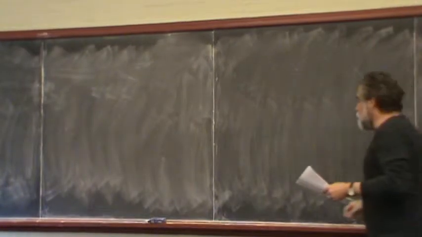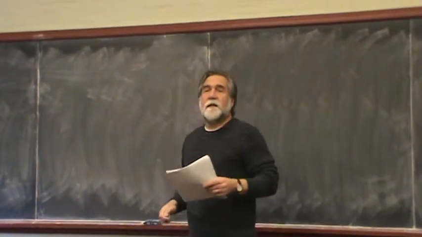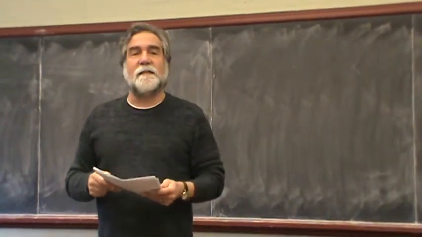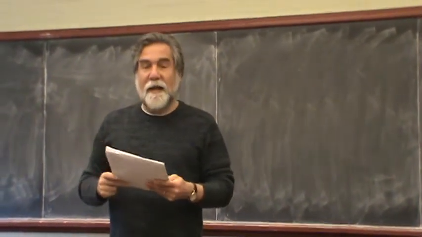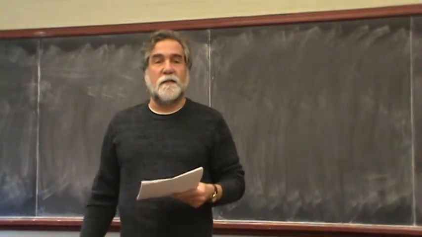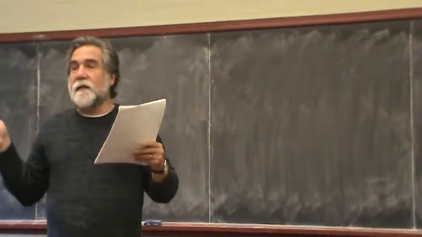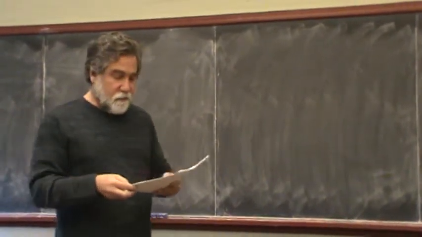So, just to put up a reminder from last class, at the end of last class I was talking about energy flow and energy conservation based upon Maxwell's equations and the energy stored in the field.